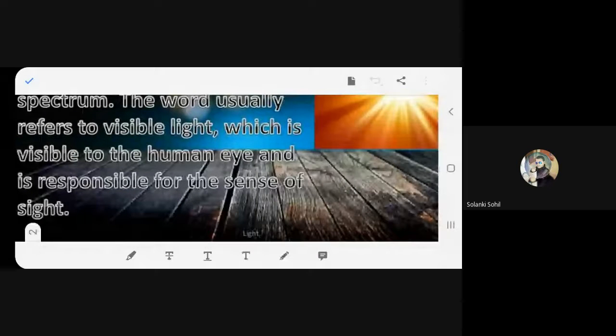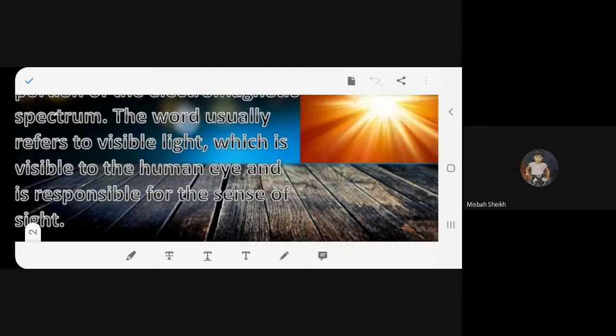Okay. So this gives us the sense of sight. Which organ has the perception of light? It is our human eye. So we see things through where? Through our eyes. So the eye is responsible for the sense of sight.